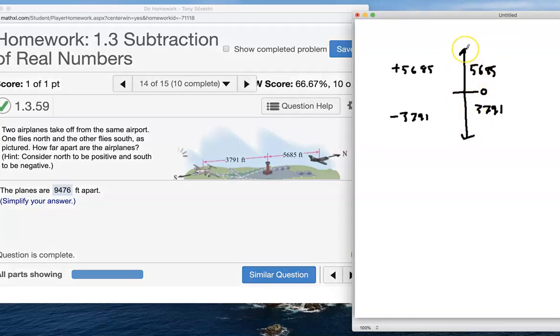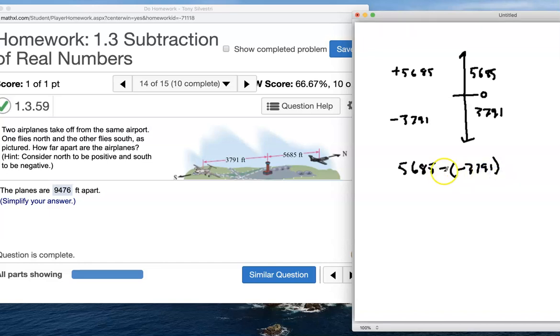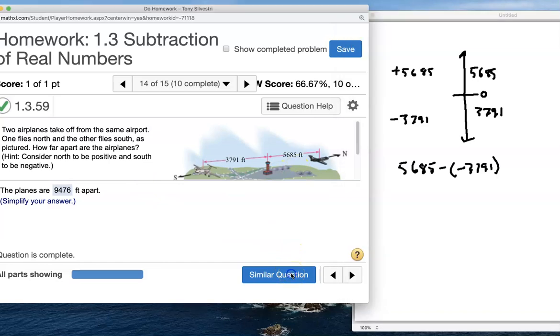So you subtract one position from another: 56.85 minus negative 37.91, which in a sense is adding those two numbers. So this might be more work than it's worth. I would have just added the two numbers, seen the green box, and been very happy with myself.